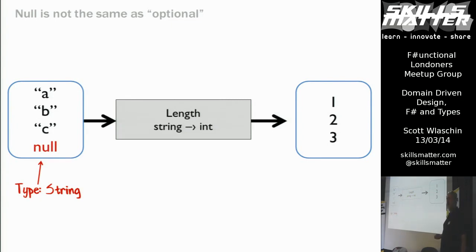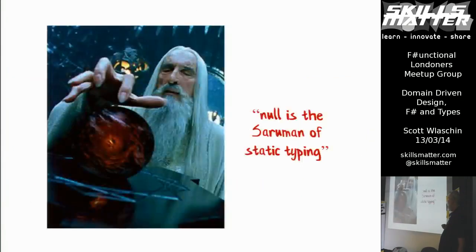It doesn't have a length. Why is it pretending to be a string? It says, look, I'm pretending to be a string, but I'm not a string. So it really shouldn't belong in the pile of strings. Null should not be there. Null is not a string. I call null the Salmon of static typing because it's pretending to be something that it's not. It's misleading you. It's a turncoat. It's a traitor, you know.